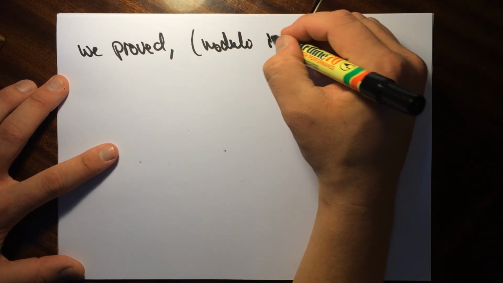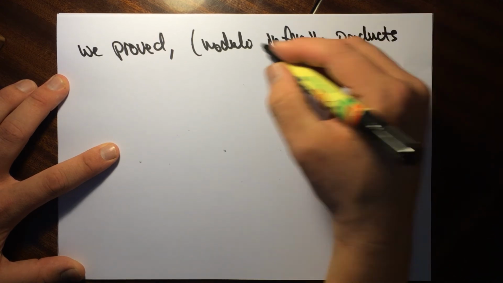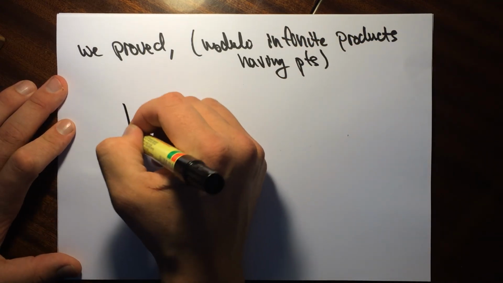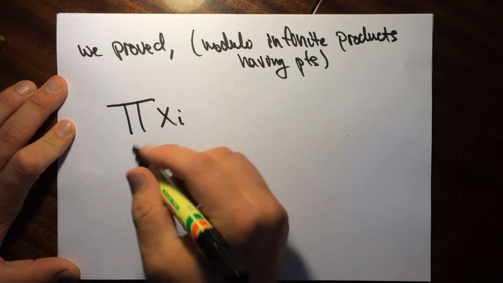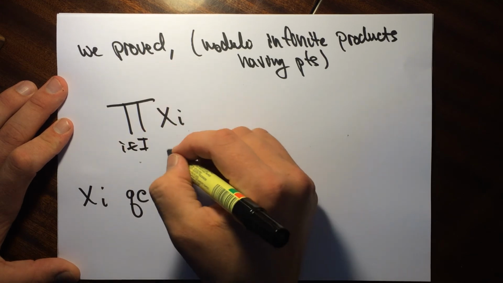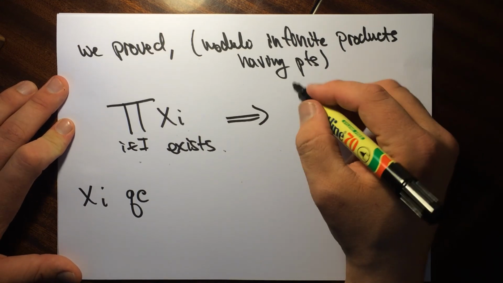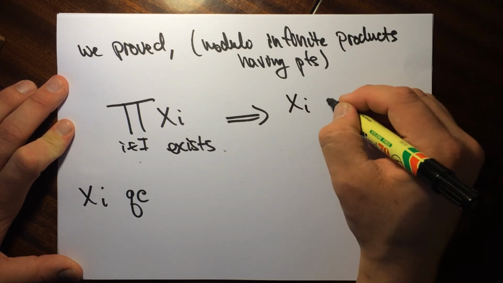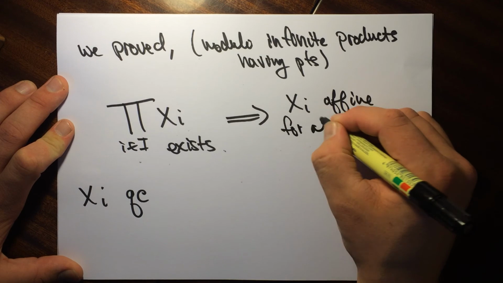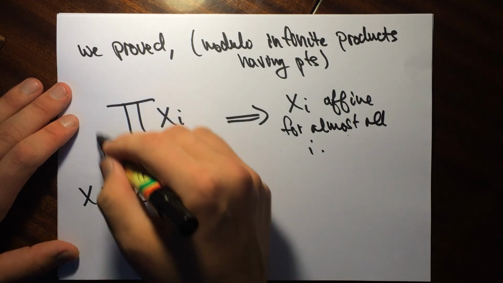It says that if this infinite product of xi exists, where these xi are quasi-compact, then this implies that for all but finitely many i, xi is affine for almost all i. All but finitely many. That's the point.